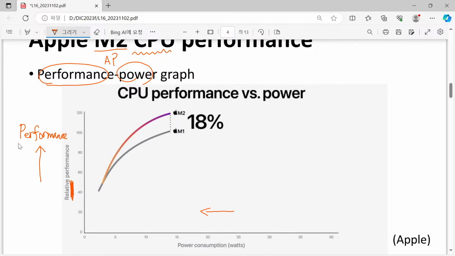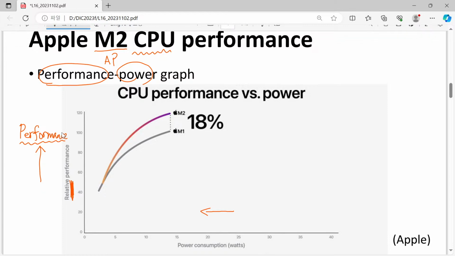So although here written as performance, what is actually the performance? The performance actually means the operational frequency. How fast can we perform certain arithmetic operation or logic operation? So it has its former version M1, and it is just an advertisement slide.